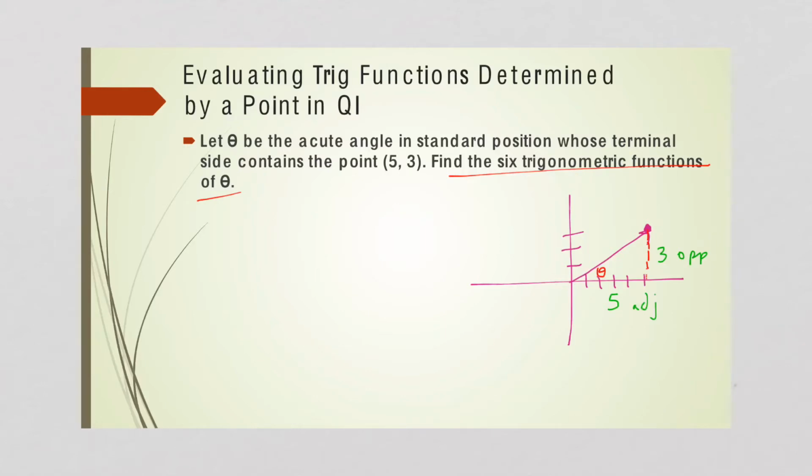So I'm going to have to find my hypotenuse. 3 squared plus 5 squared equals c squared. I end up with 9 plus 25, which is 34. So c is the square root of 34.